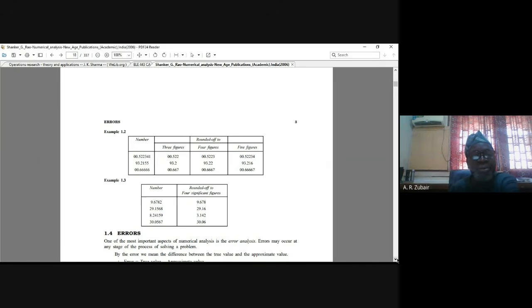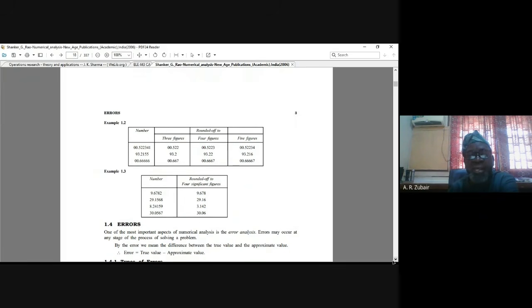Example 1.2, 0.522, whatever. If we are looking for 3 significant digits, when we round, it will be 0.522. If it is 4, it will be 0.5223, and so on and so forth.